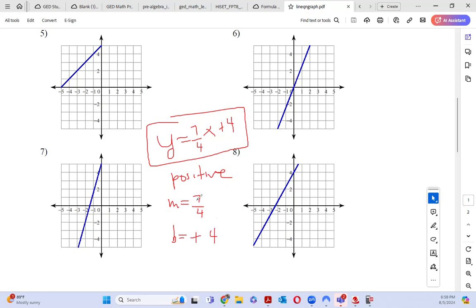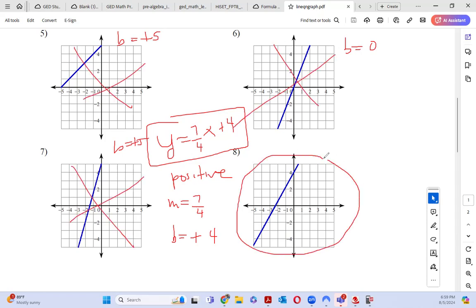Which of these graphs have a y-intercept of 4? Number 8. Y-intercept here is +5. Y-intercept here is 0. Y-intercept here is +5. So I just eliminated 3 of these without finding the equation of the line yet.